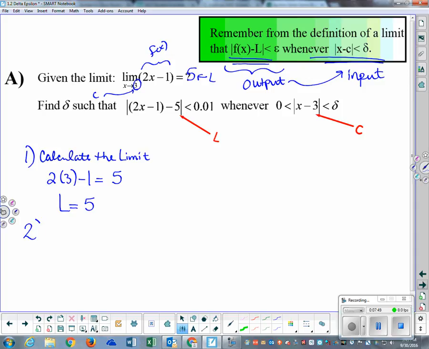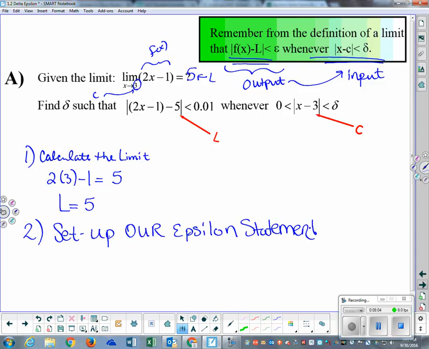Now what we want to do is set up our epsilon statement. And that statement is really driven off the definition of a limit. So we take the absolute value of the function minus the limit, has to be less than epsilon.